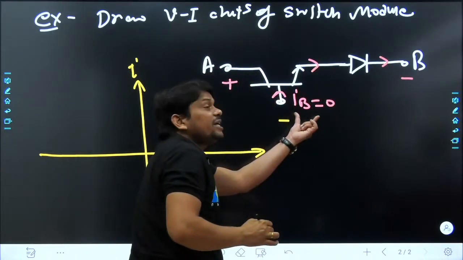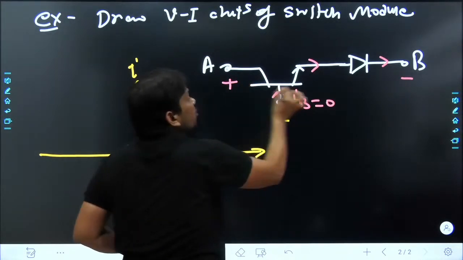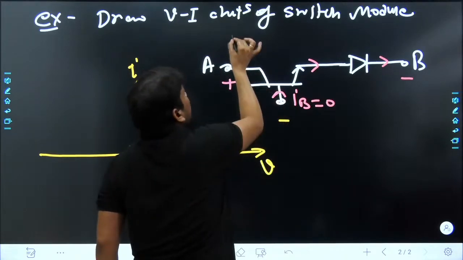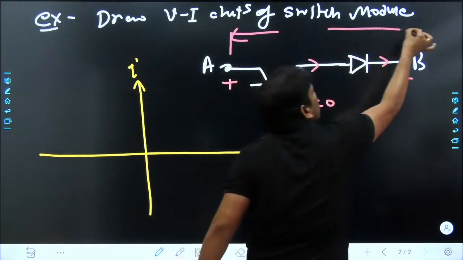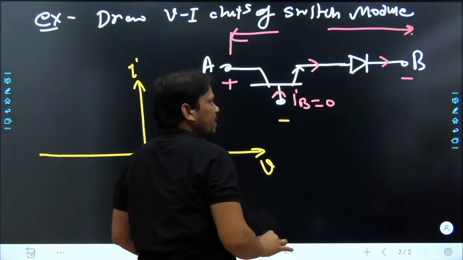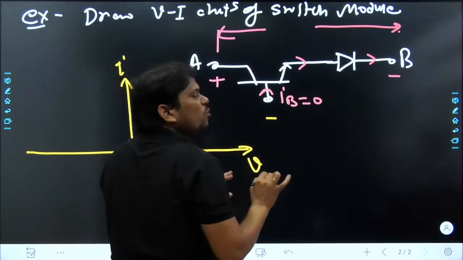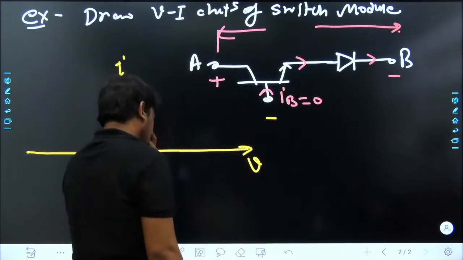So if the base current of the BJT is 0, the BJT is off, and whatever voltage we apply here will appear across the terminals A and B. Now I want to tell you a very easy thing.